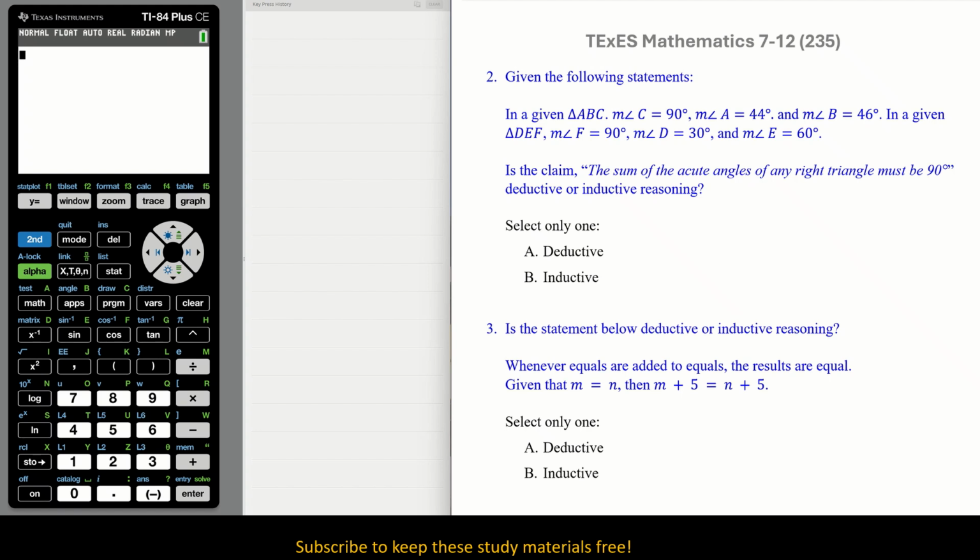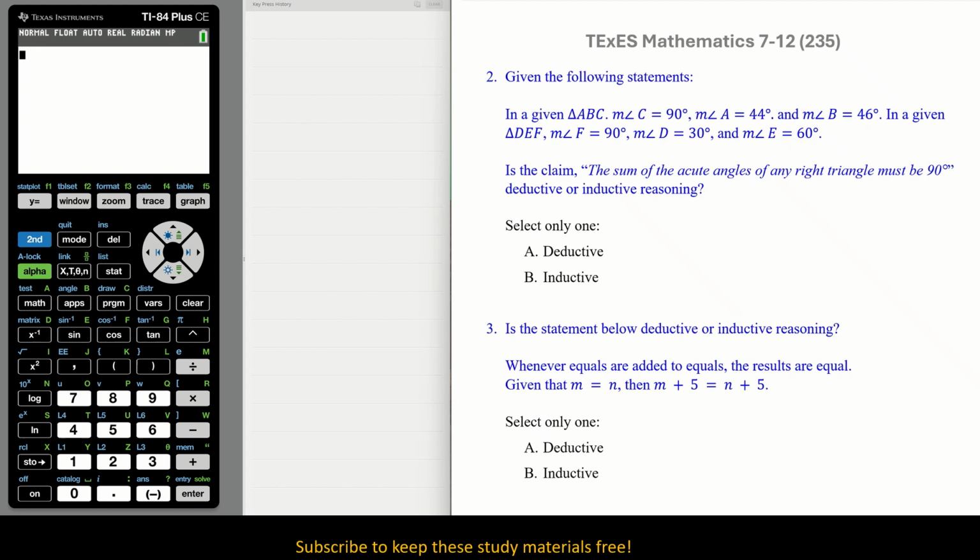In a given triangle DEF, measure angle F equals 90 degrees, measure angle D equals 30 degrees, and measure angle E equals 60 degrees. Is the claim the sum of the acute angles of any right triangle must be 90 degrees, deductive or inductive reasoning?